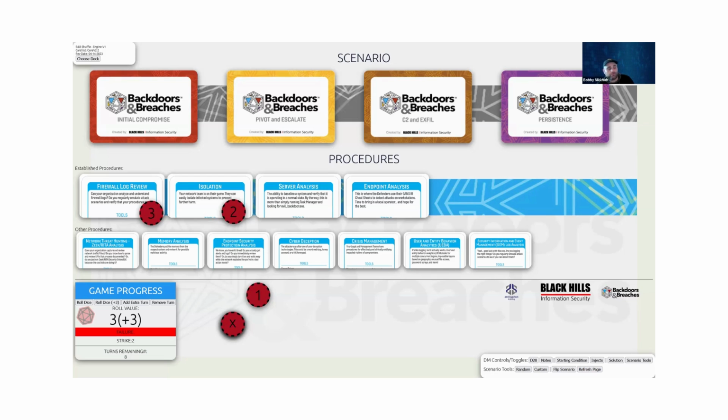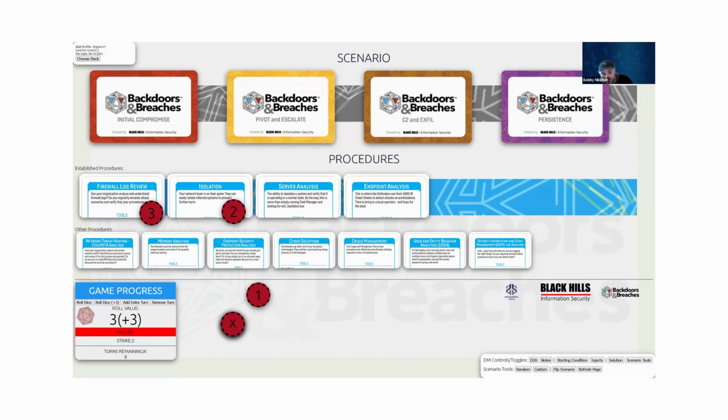Where else might we look? If we look at these cards, we have, for example, endpoint analysis, which can glean a lot of information, but in terms of endpoints in the traditional sense, like a laptop or a tablet or desktop, hasn't really come into the equation directly yet.